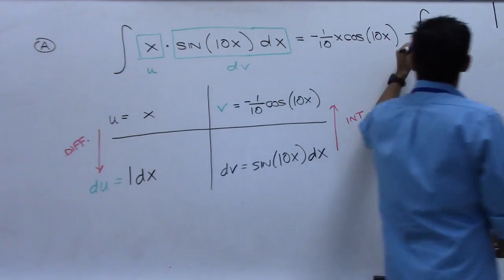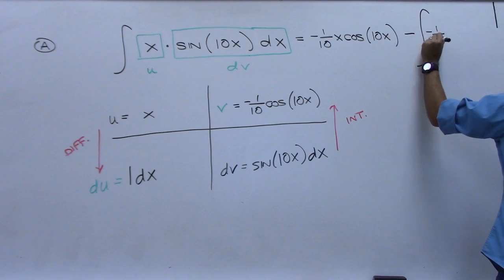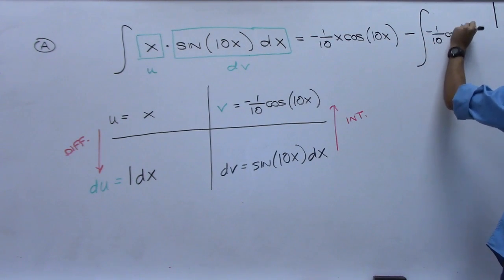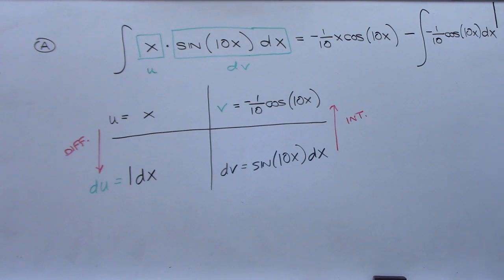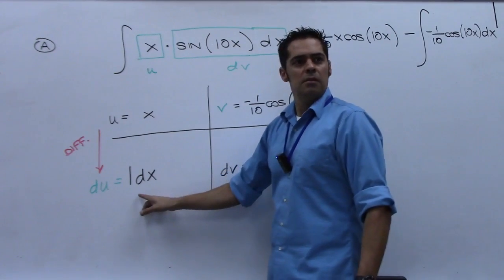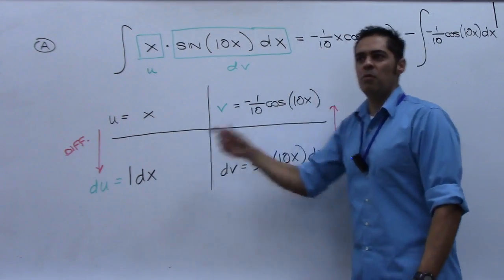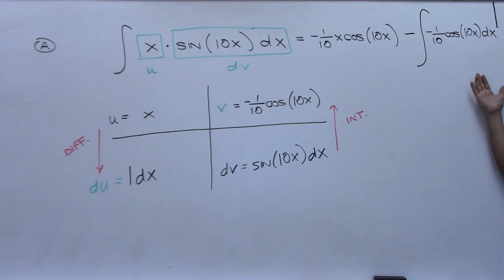So it's negative 1/10 cosine 10x dx. I'm running out of room here for my camera, so y'all with me? You see why it was so important to put dx here? Because if you didn't, then when you multiplied, you wouldn't have dx, and then the integral wouldn't be written properly. It would be bad math penmanship.